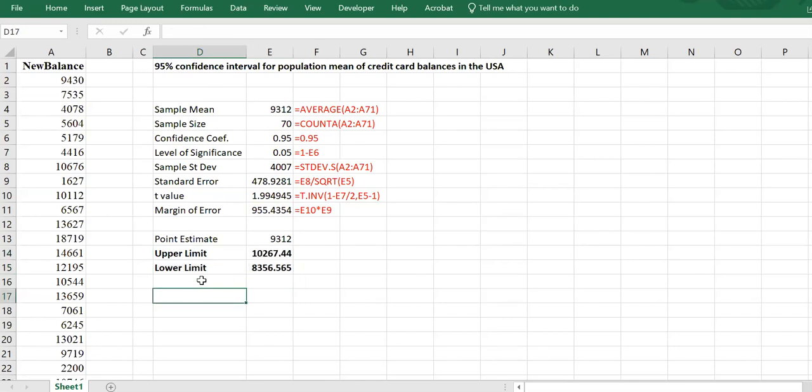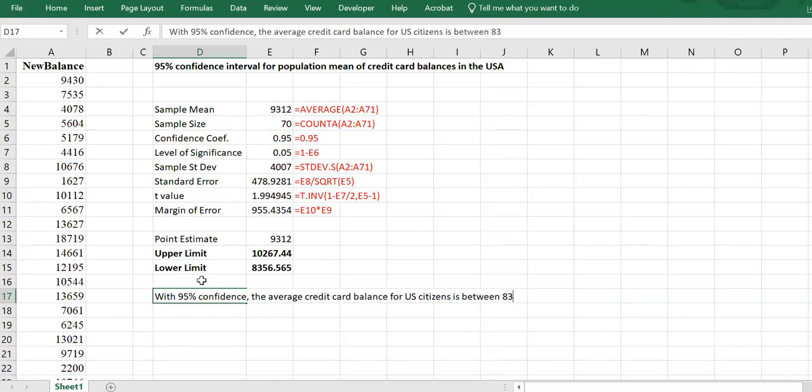They're telling us that with 95% confidence, the population mean, or the average, in this case credit card balance for US citizens, is between $8,356 and $10,267.